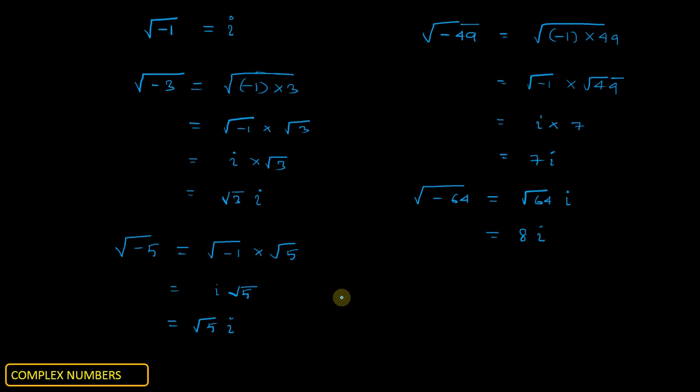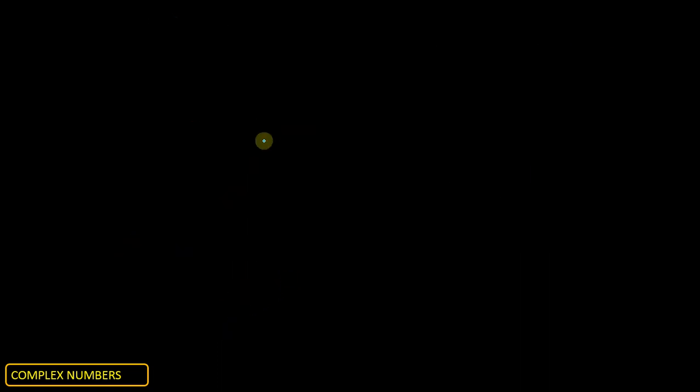Now let's do one question. Suppose we have the square root of -25 plus 3 square root of -4 plus 2 square root of -9. We have to simplify this expression.